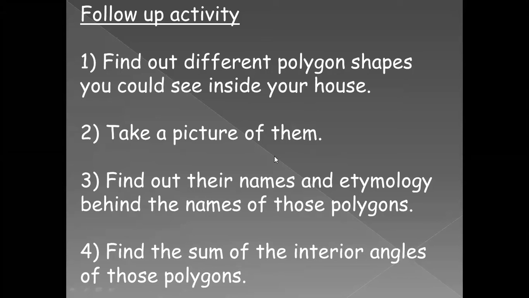Take a picture of them, find out their names and the etymology behind the names of these polygons, and find the sum of the interior angles of those polygons. First of all, you have to find the different polygon shapes you see inside your house and take a snap of them, write their names, find why these polygons have these names, and find the sum of the interior angles of those polygons.